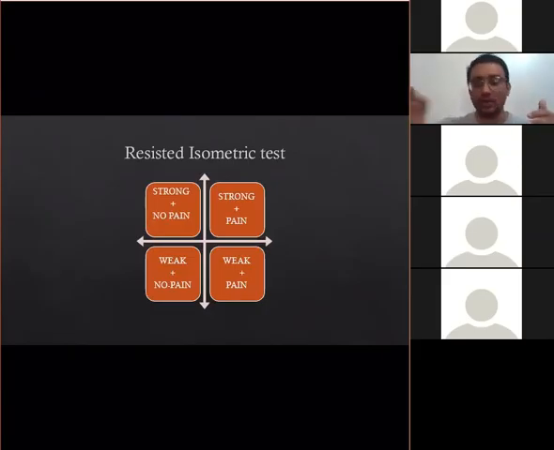Let's forget that. If you want to know, I will tell you, but let's forget it for now. What happens after that is, when you do the isometric testing, your testing gives you two results. There will be no pain on the quadriceps because the quadriceps is perfectly fine. The structure has no problem. It is just inhibited and the muscle will be weak. Does that answer your question, Aisha?